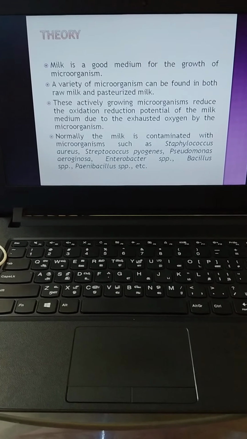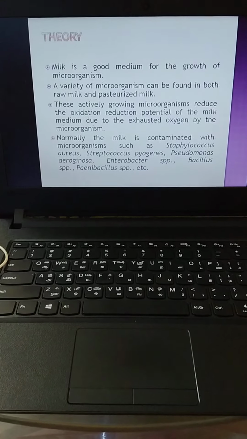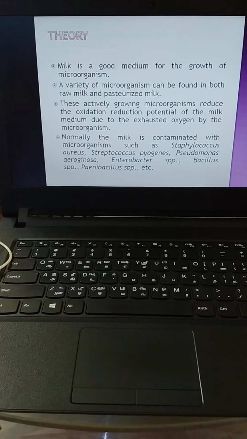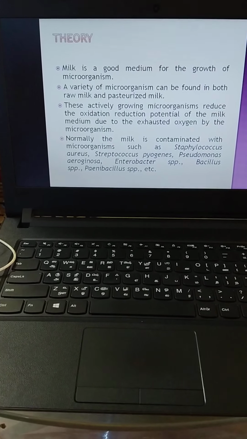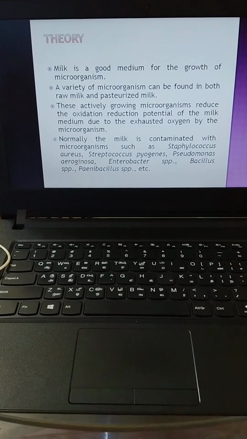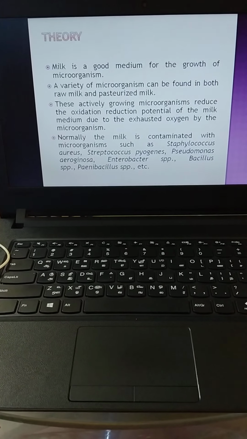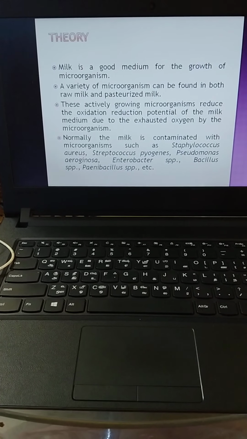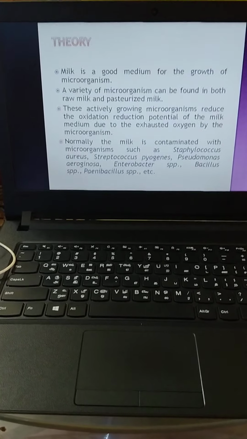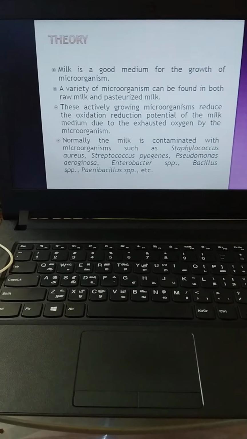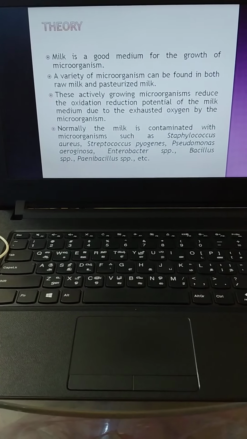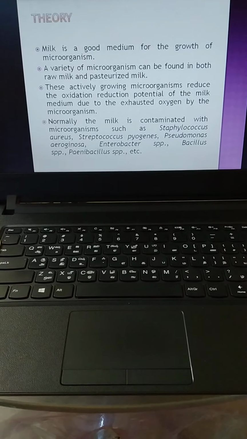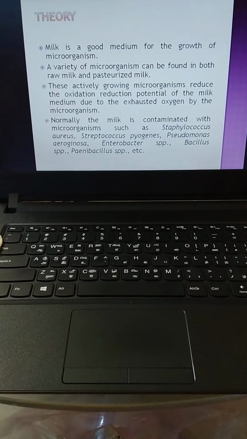A variety of microorganisms can be found in both raw milk as well as in pasteurized milk. These actively growing microorganisms will reduce the oxidation reduction potential of the milk medium by exhausting the oxygen. Normally, milk is contaminated with microorganisms such as Staphylococcus aureus, Streptococcus pyogenes, Bacillus and Paenibacillus apis, etc.